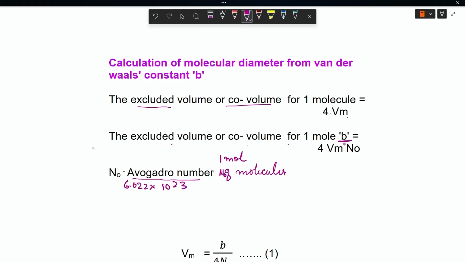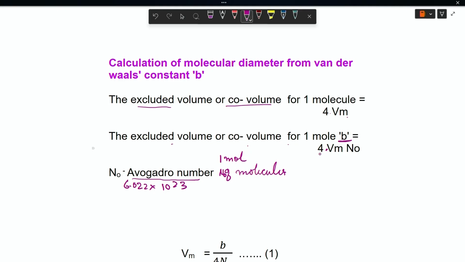When I told about the significance of the van der Waals constant, it is believed that it is 4 times the volume of 1 mole of molecules, that is 4 into Vm into N0. Vm into N0 represents the volume for 1 mole of molecules.